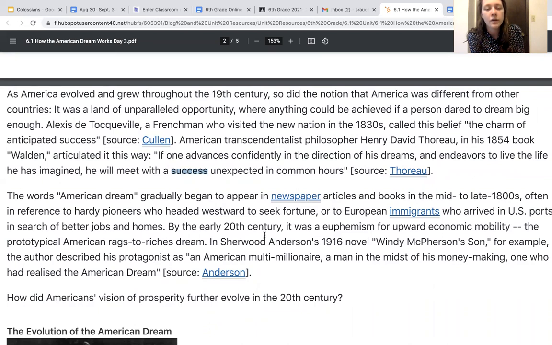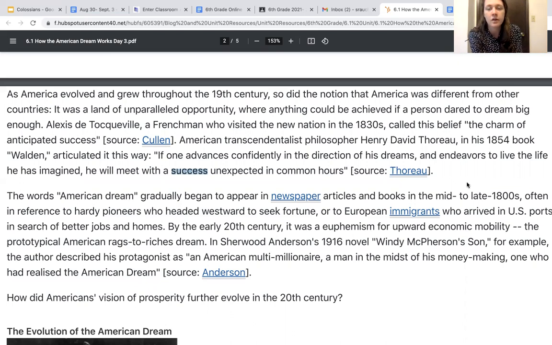By the early 20th century, it was a euphemism for upward economic mobility, or the prototypical American rags to riches dream. So upward economic mobility, that means you can start poor, but you can get richer.